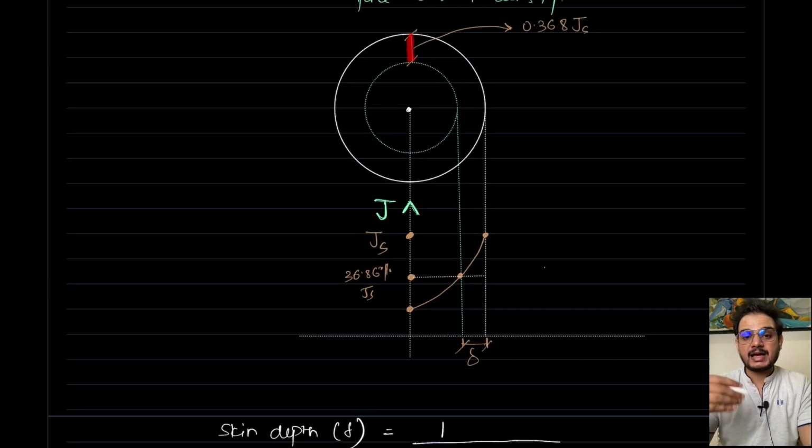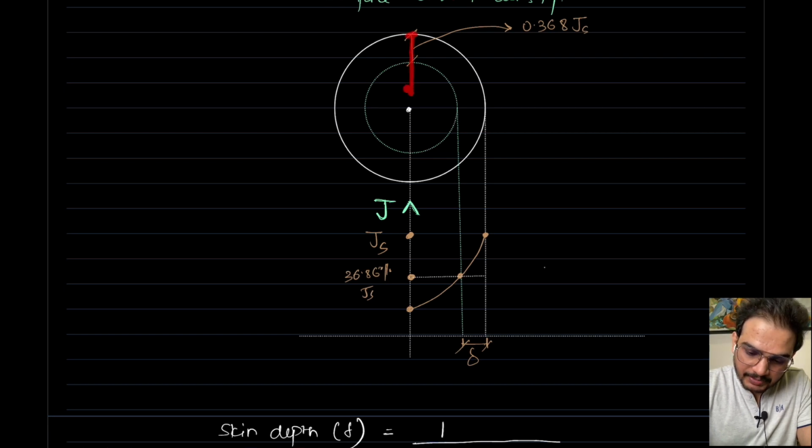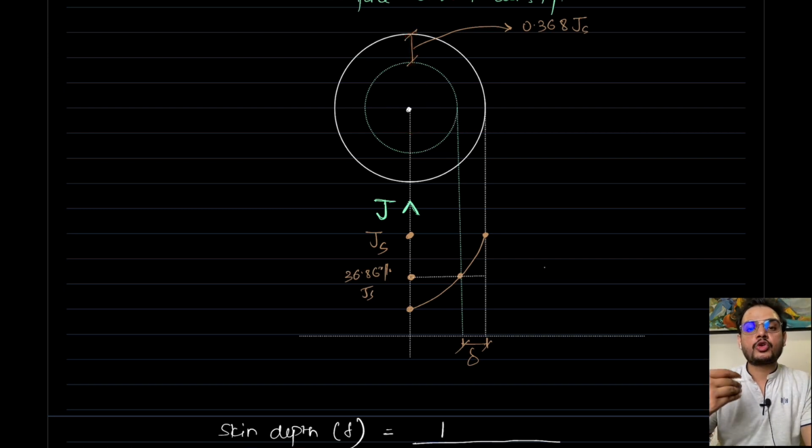Now tell me one thing, should this skin depth be as high as possible, or as low as possible? It should always be as high as possible, because if I take a high skin depth, there is more effective cross section area. Effective cross section area is the area through which my maximum current is flowing.